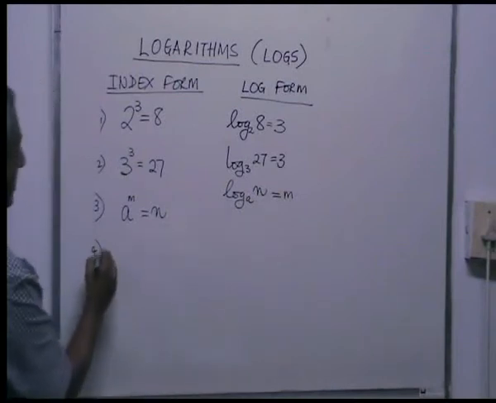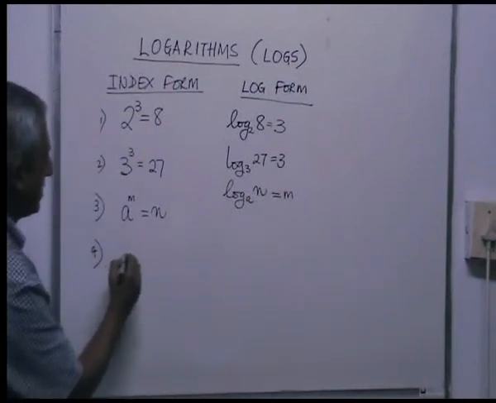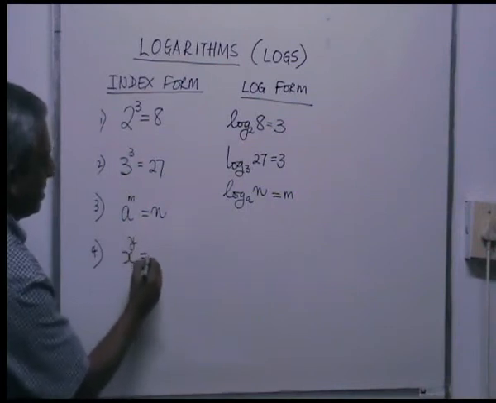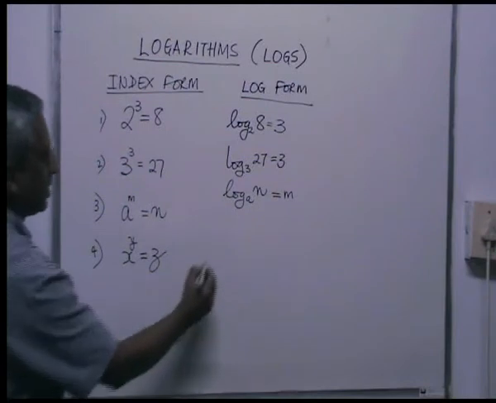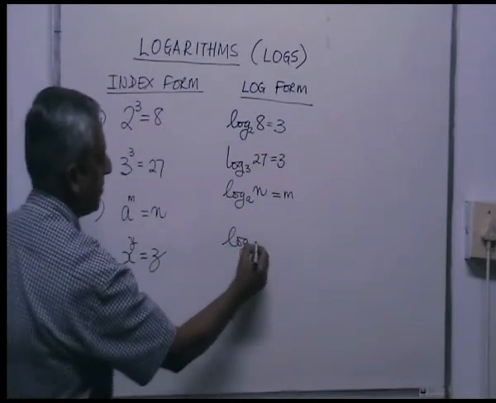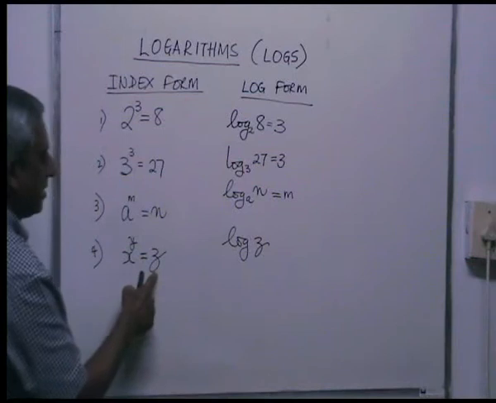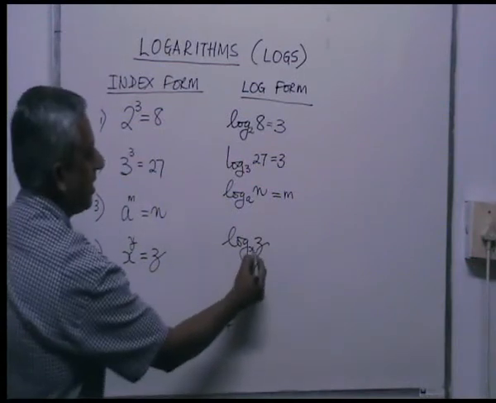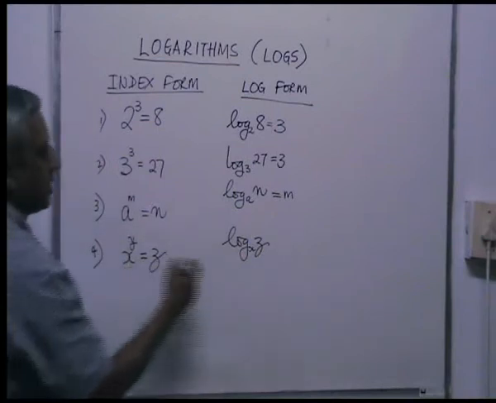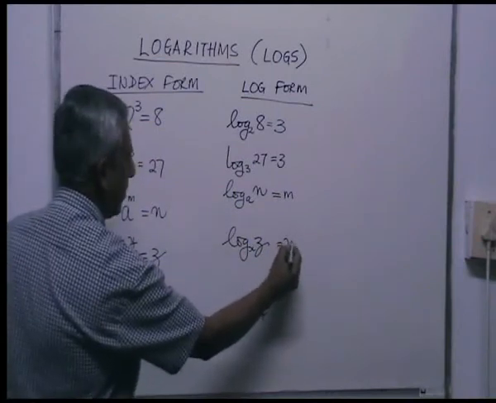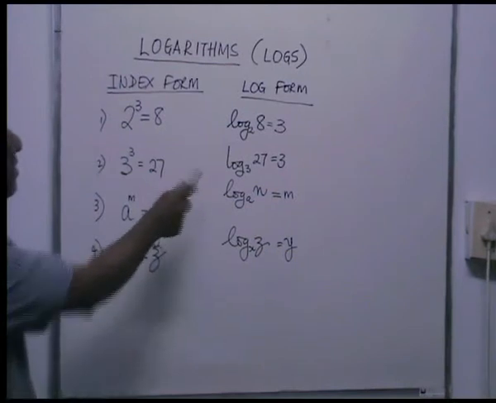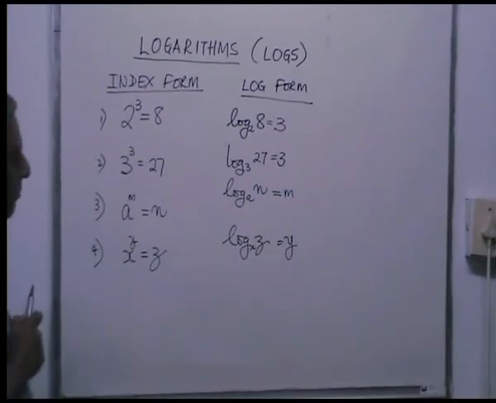Let's do another example. Suppose we had x to the y is equal to z. Then you will say the log of z to the base x is equal to y. So that's the first lesson: if you're given something in index form, you must be able to write it in log form.